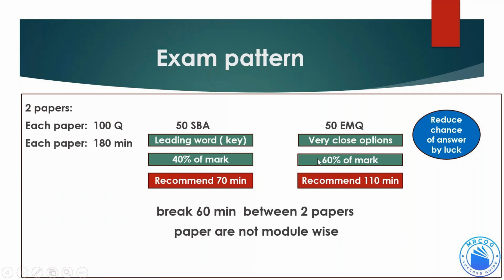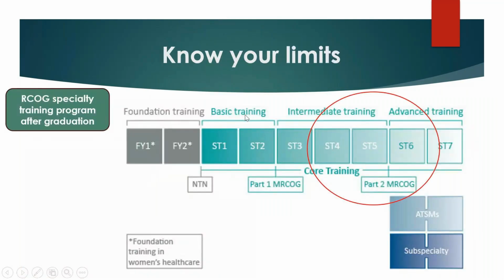The exam paper will not be module-wise. In paper one, you may find questions from obstetrics and gynae together, because previously the exam was module-wise: paper one was obs and paper two was gynae. But now they can be together.